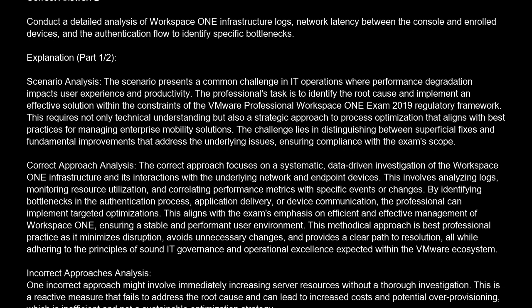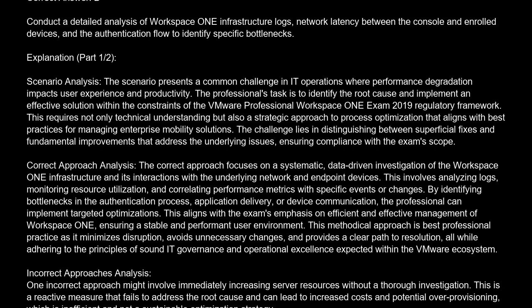This aligns with the exam's emphasis on efficient and effective management of Workspace ONE, ensuring a stable and performant user environment. This methodical approach is best professional practice as it minimizes disruption, avoids unnecessary changes, and provides a clear path to resolution, all while adhering to the principles of sound IT governance and operational excellence expected within the VMware ecosystem.